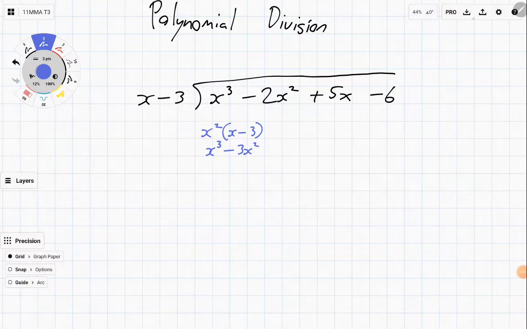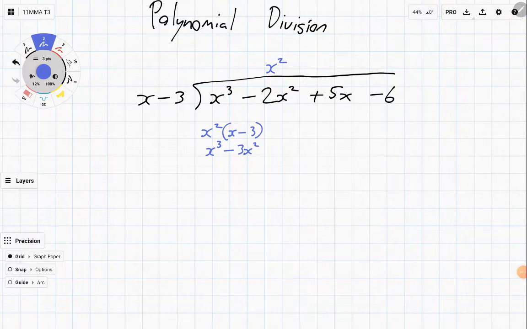Okay, why is that useful? Well, it tells me how to cancel this out, how to get rid of the first term. Because when I do this, I always want to get rid of one term at a time. So x squared is my divisor. It's the thing I'm multiplying it by. So it goes up the top.